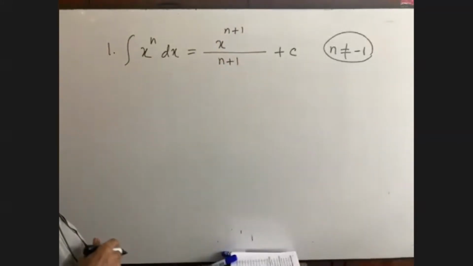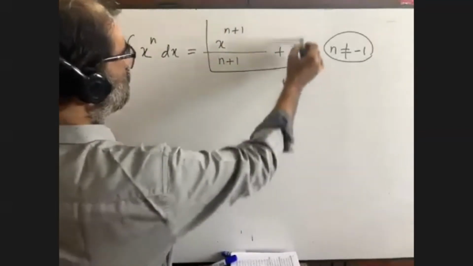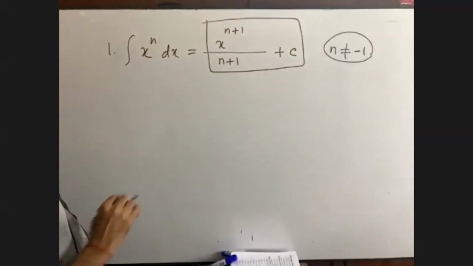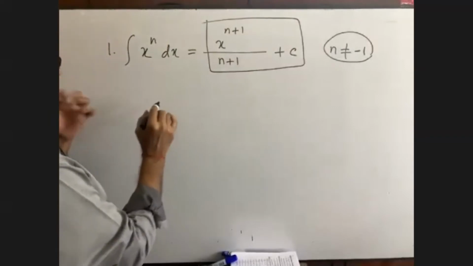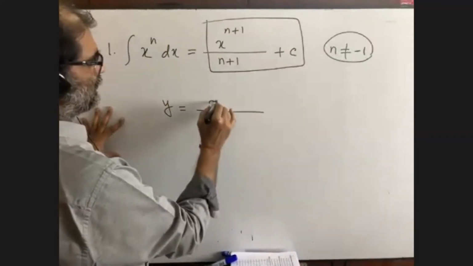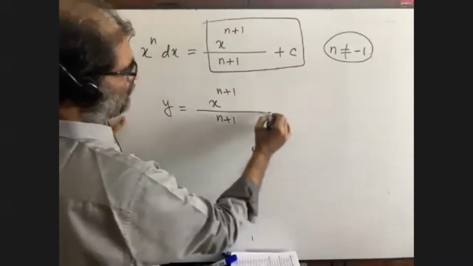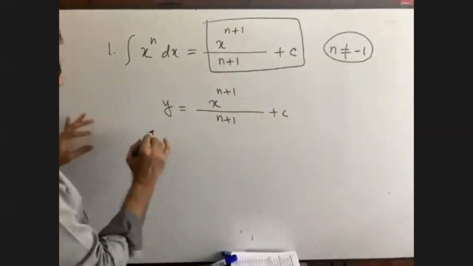By the way, is there anyone here who can differentiate this one? Suppose you have y equals x to the power n plus 1 by n plus 1 plus c, a constant. Now, can we find dy by dx?